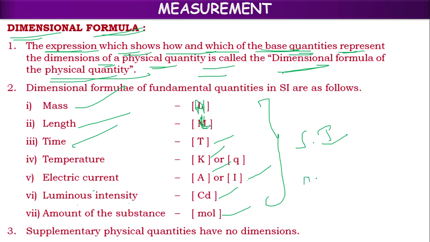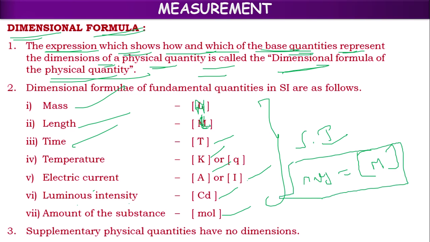So if we write mass equal to M, this total expression will be considered the dimensional formula. The dimensional formula for mass is M, for length is L, for time is T. Like that, for every quantity there will be a specific dimensional formula.